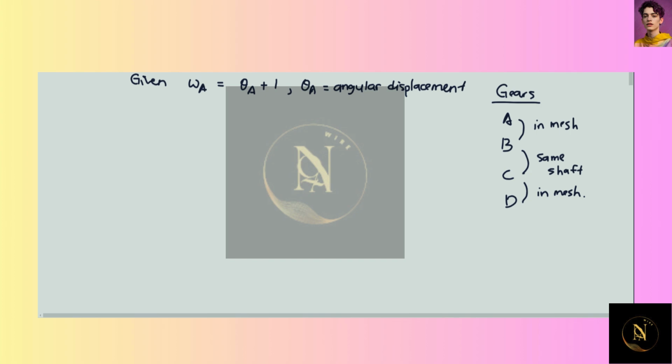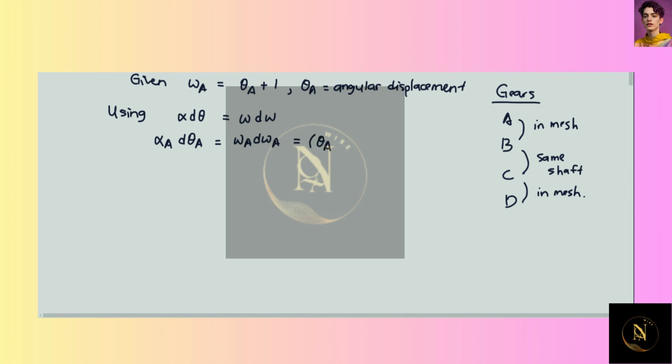Okay, so we'll be using this expression alpha d theta equals omega d omega. So alpha A d theta A is omega A d omega A. So substitute what omega A is.